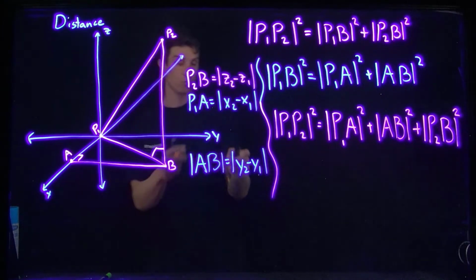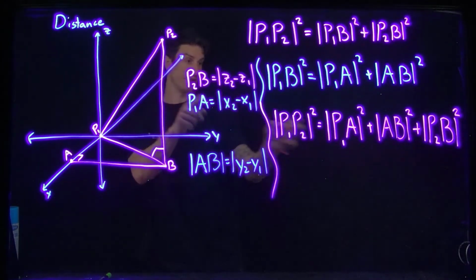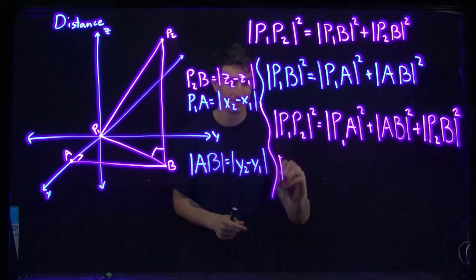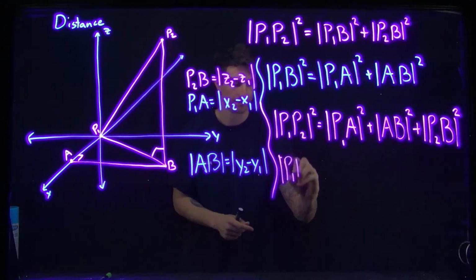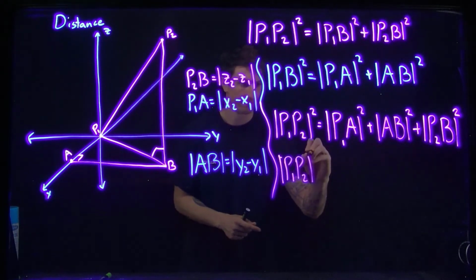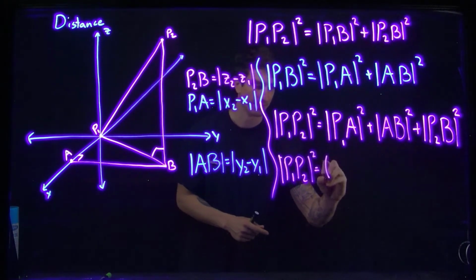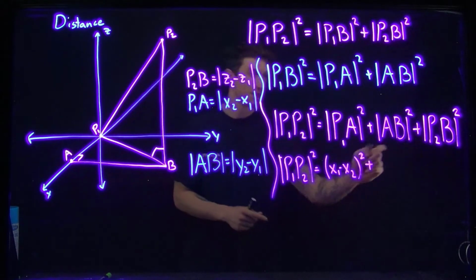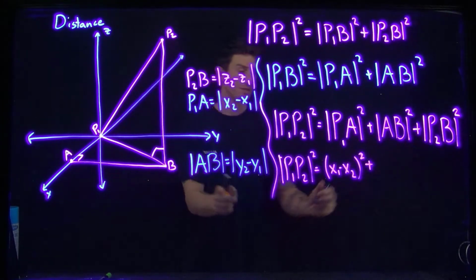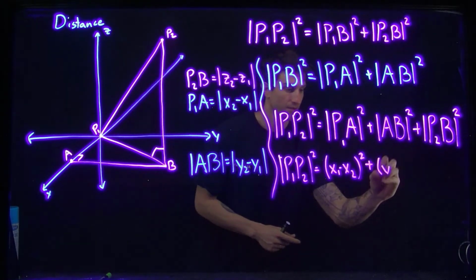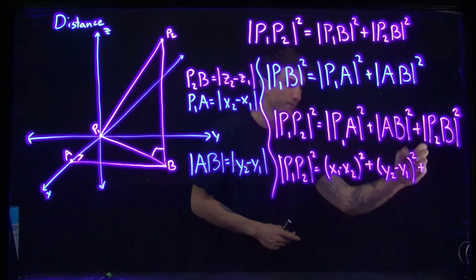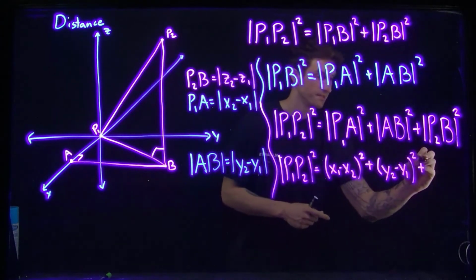Good. And now we'll make this substitution as well. We know that P1A is again the difference of our x's, plus A to B is going to be the difference of our y's, plus P2 to B is the difference of our z's.